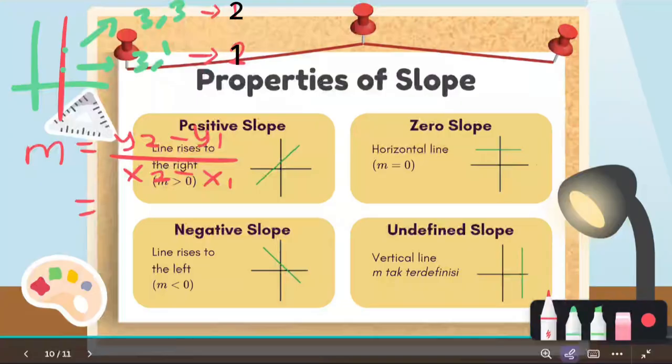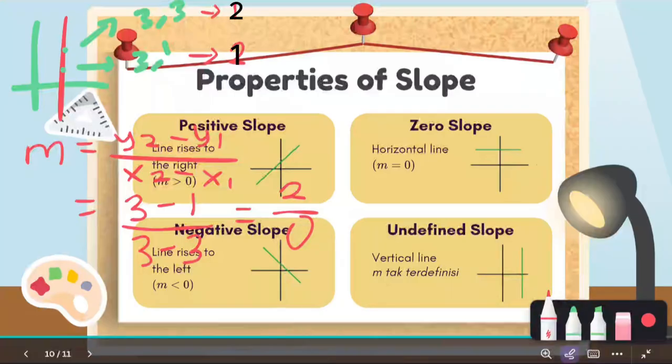So we can substitute 3 minus 1 divided by 3 minus 3. 3 minus 1 is 2, and 3 minus 3 is 0.